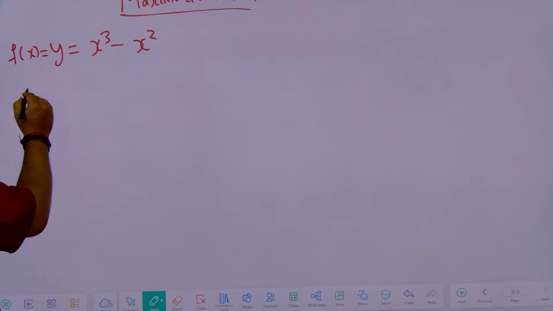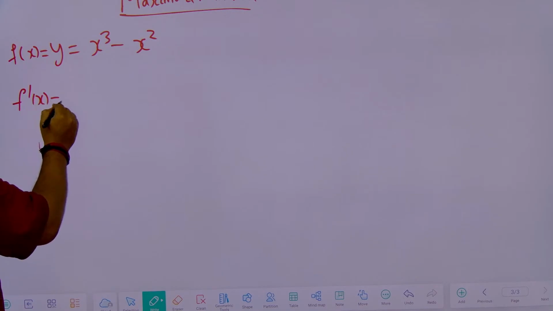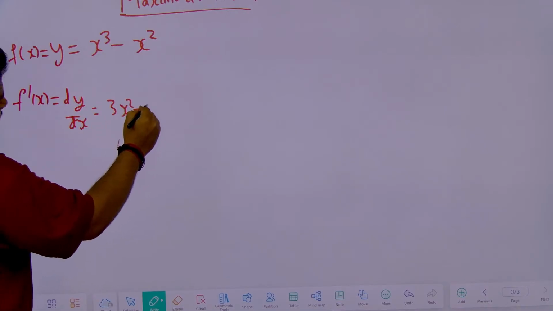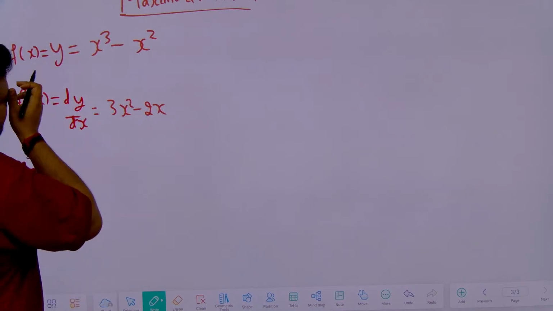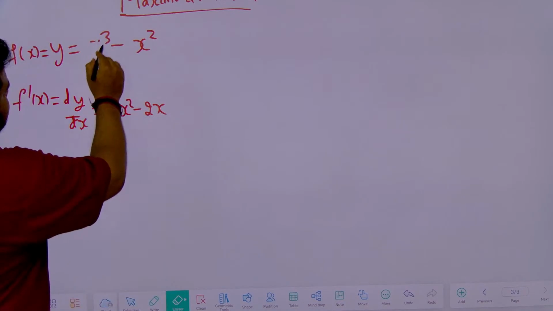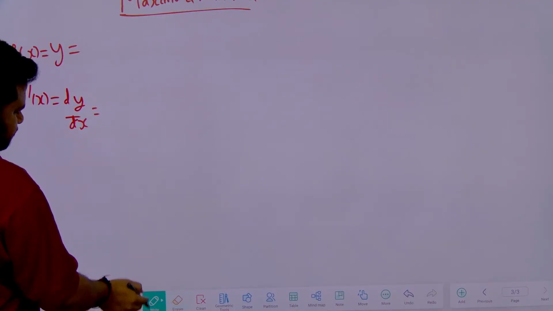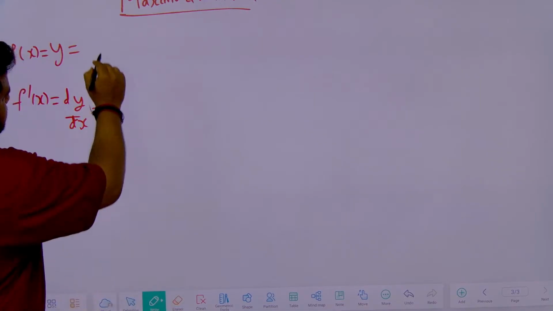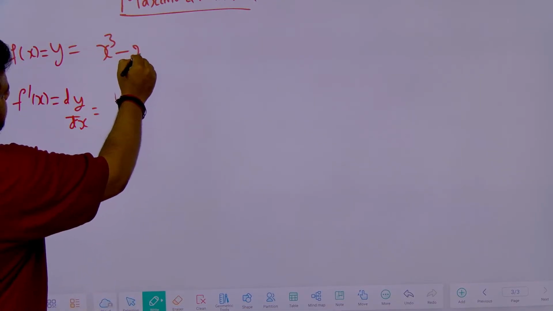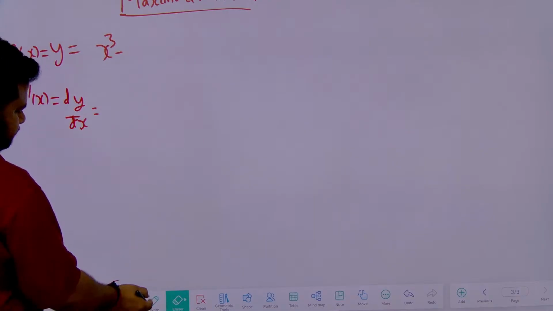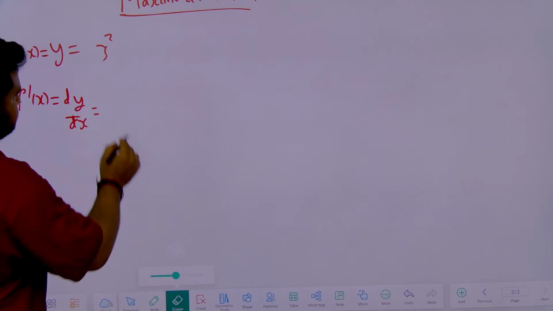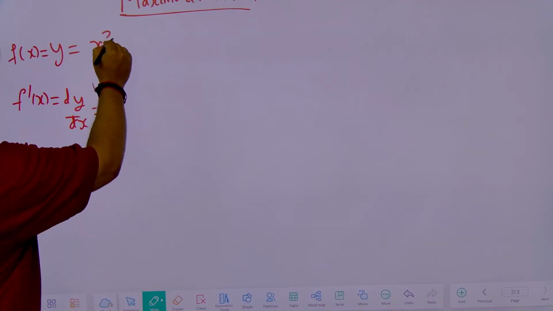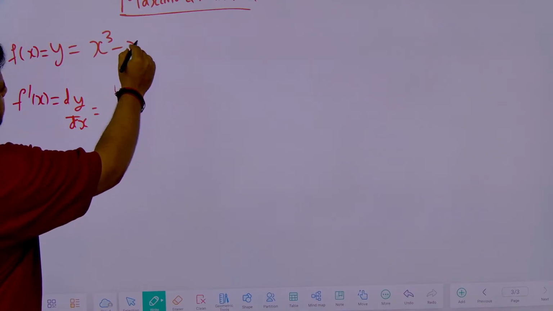So this will become f dash of x, or it is also called dy by dx. Dy by dx is 3x square minus 2x. Or better, I will take it like this: x cube minus x, let us take it.